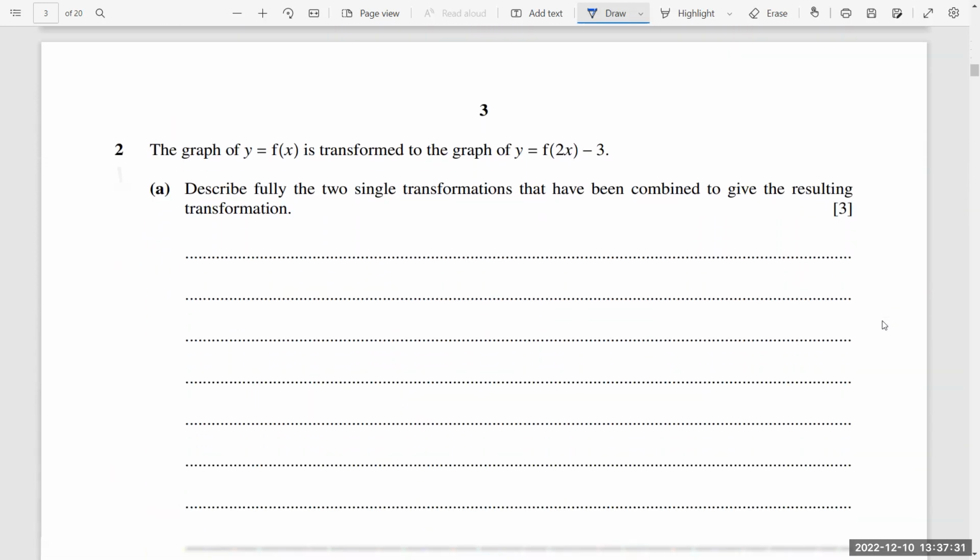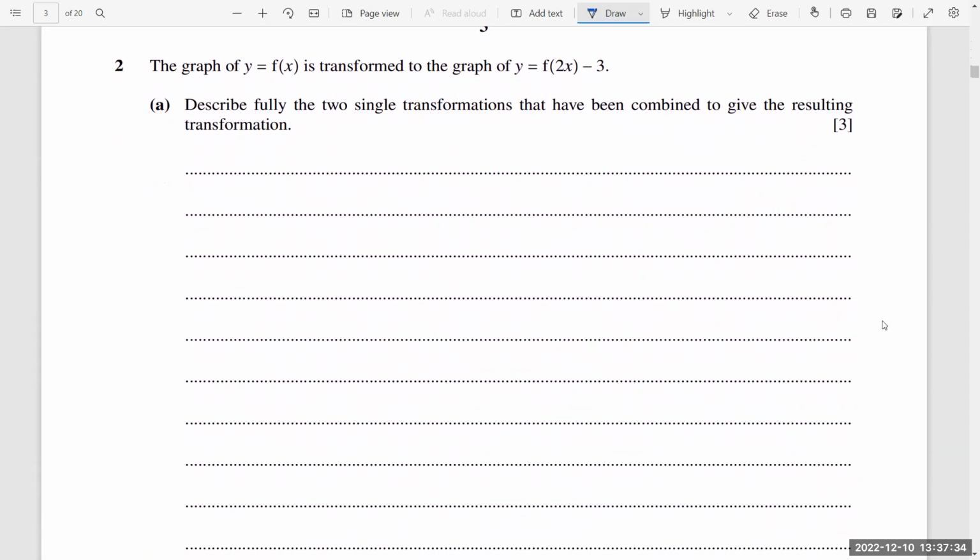Next question, the graph of y equals f of x is transformed to the graph of f of 2x minus 3. Describe fully the two single transformations that have been combined to get the resulting function. When the x is multiplied by 2, this is really a stretch in x direction with scale factor of half.